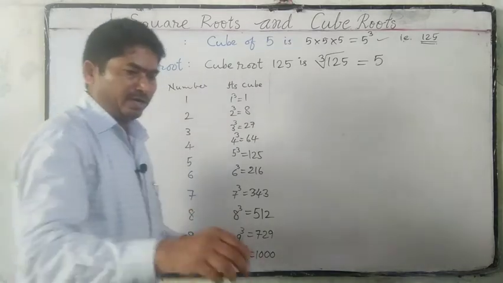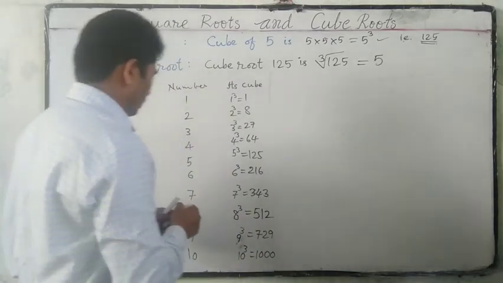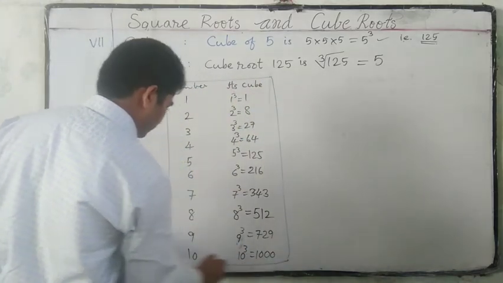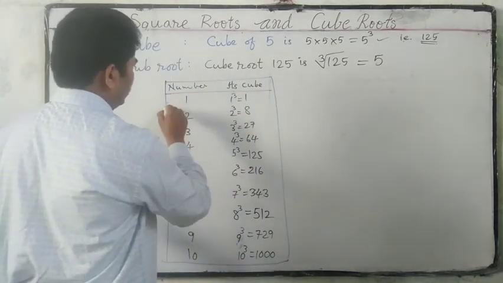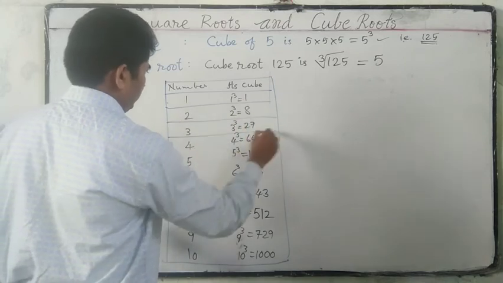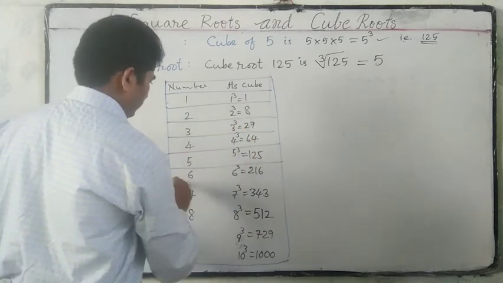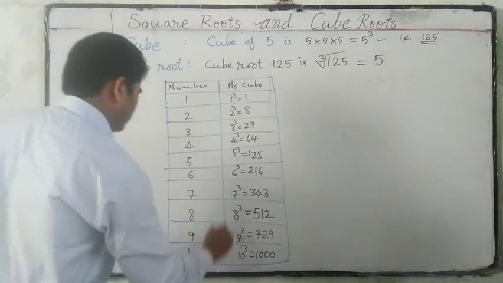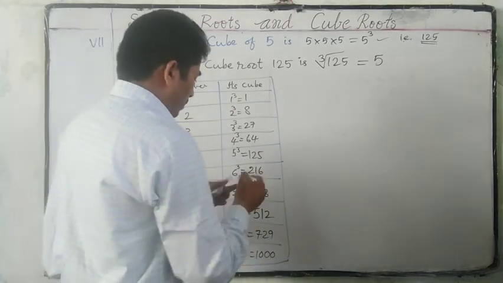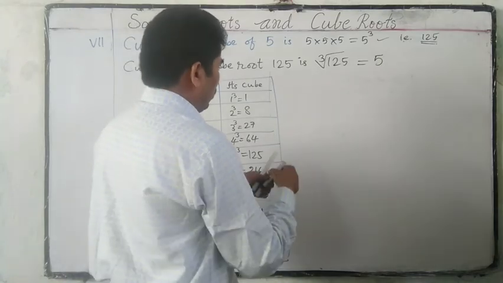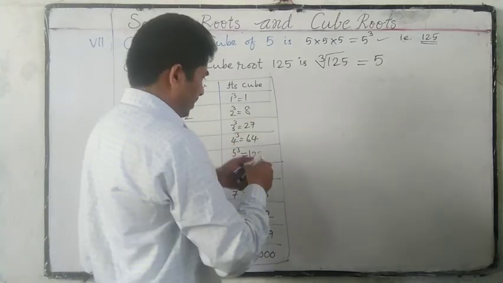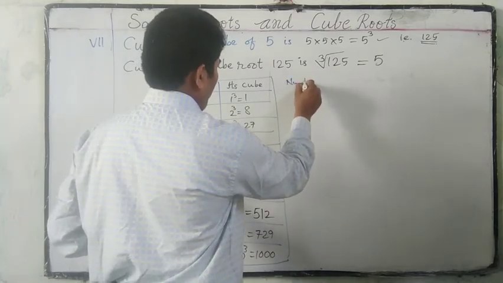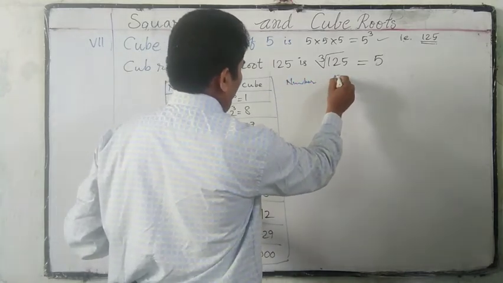So these are standard values to remember. Cube root: number and its cube root.